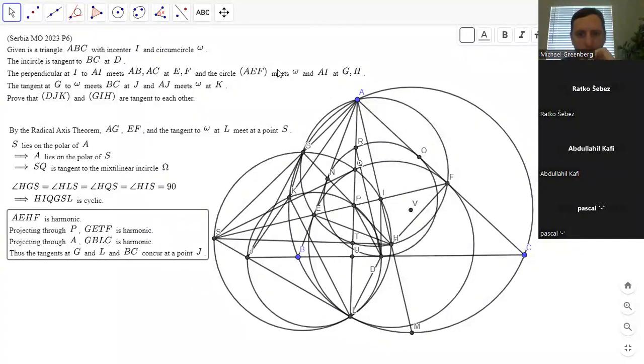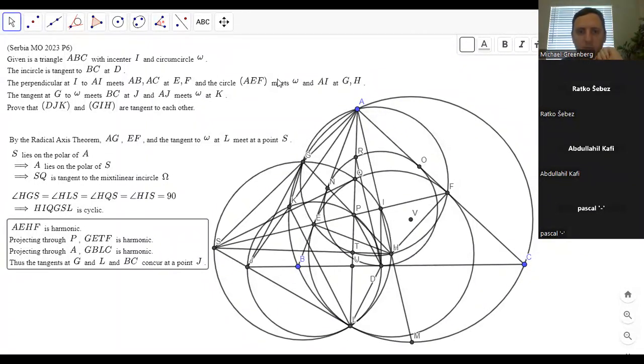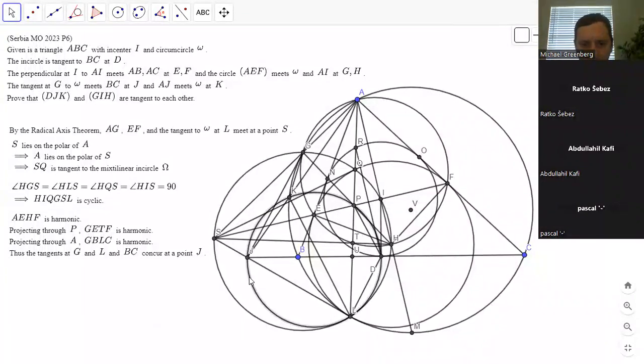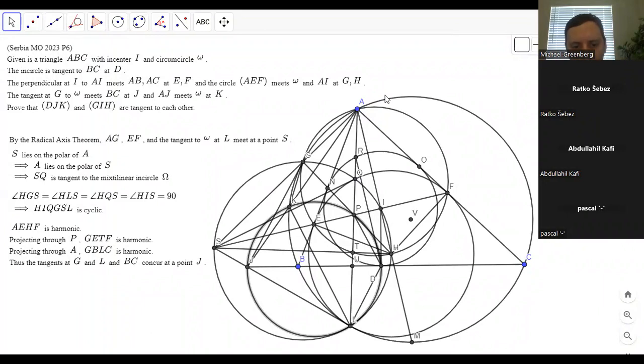Let's see. Then it follows that JKDL is cyclic. Wait, how does it follow that JKDL is cyclic? Is it just power of a point or something? Oh yeah, angle chasing. Is it also JL squared?